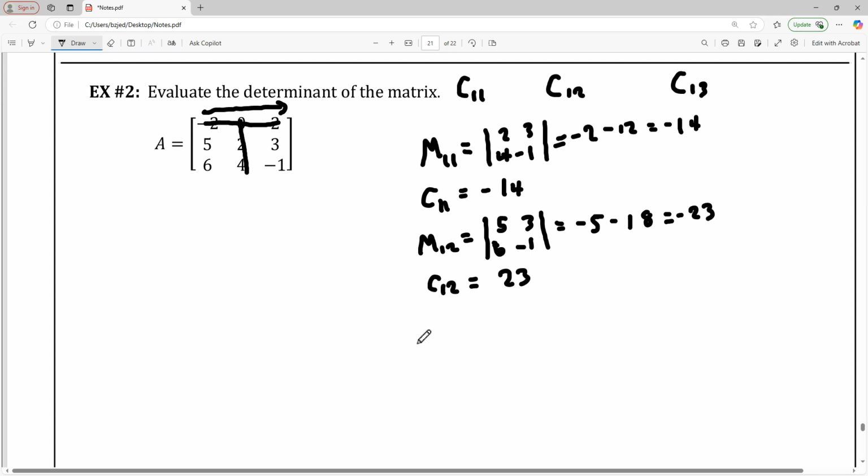And almost there, I need minor 1, 3, and I'm going to again block out the first row and the third column, and I'm left with 5, 2, 6, 4.